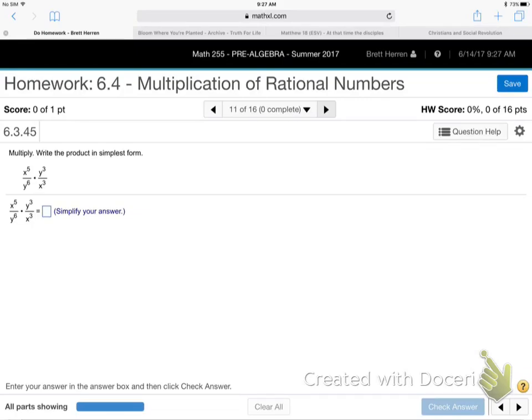Okay, so we have x to the 5th over y to the 6th times y to the 3rd over x to the 3rd. So what are we going to do?